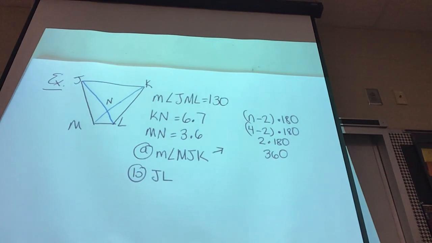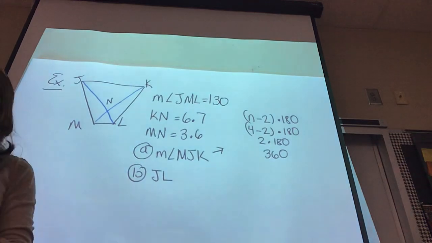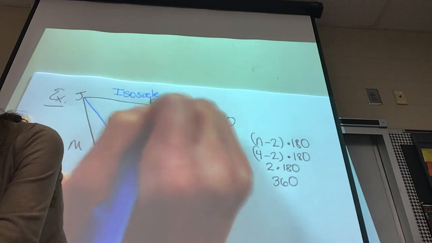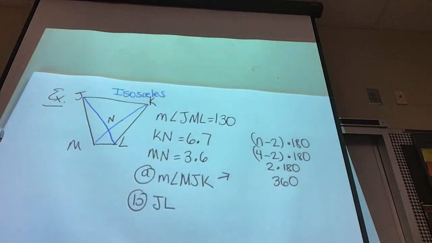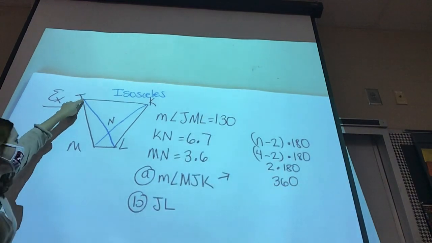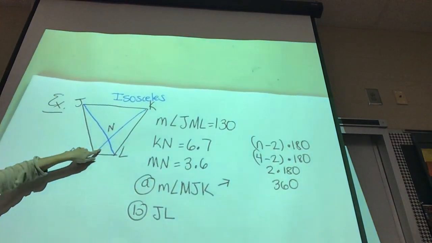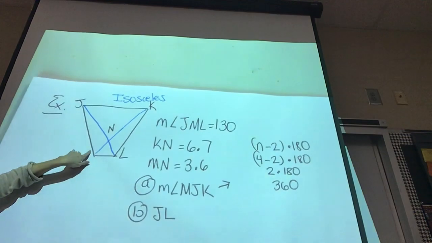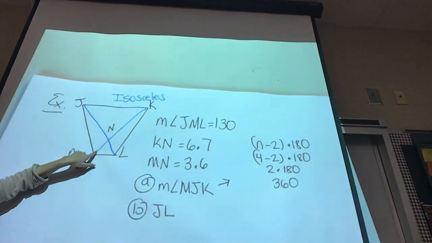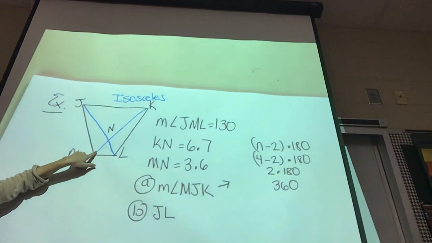Now, an important piece I did not tell you is that this is isosceles. So if this is isosceles, what do I know? If JML is this angle, and this angle is 130, what else do I know? Which one's 130?